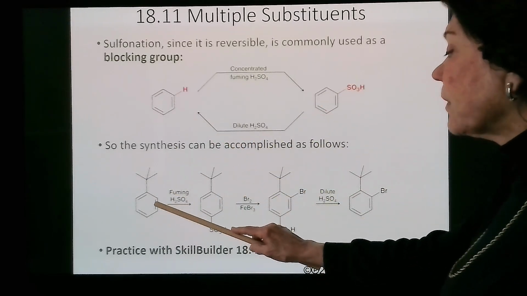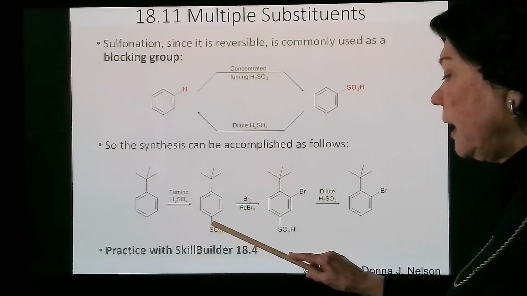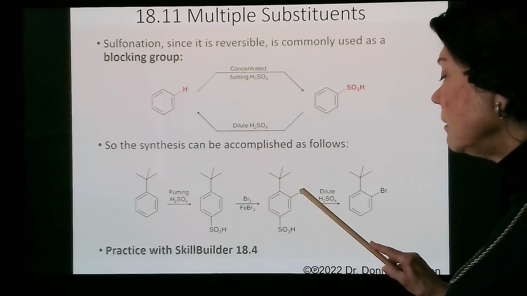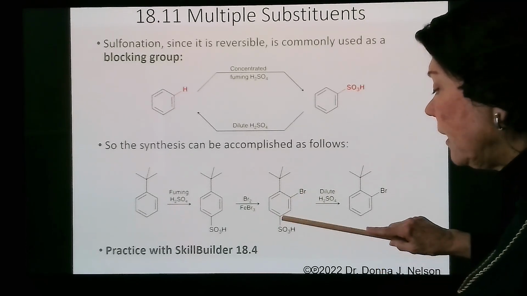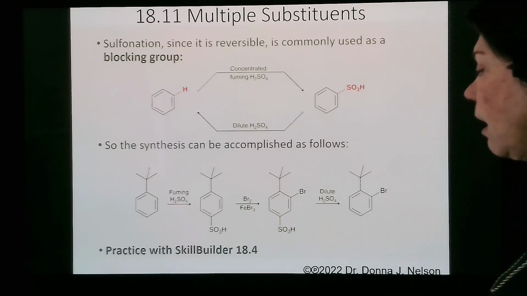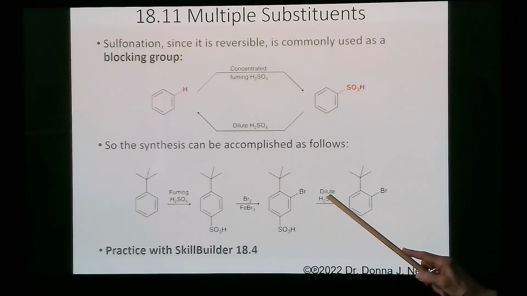And so now you sulfonate and attach the blocking group. Then you brominate. The bromine is forced to go only at the ortho position. It can't go para because the para position is blocked. And then you remove the blocking group with just dilute sulfuric acid.